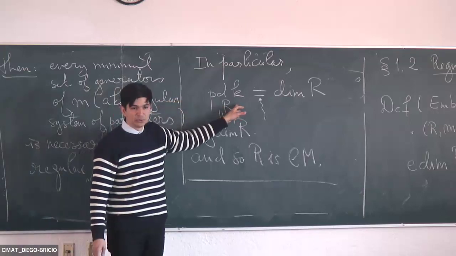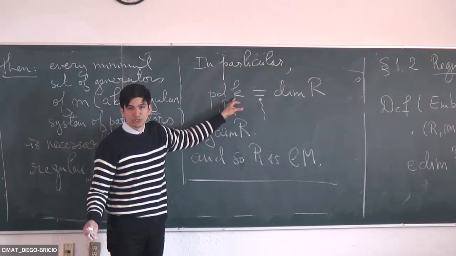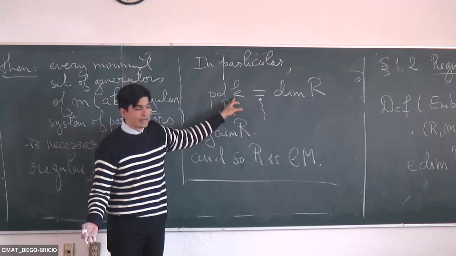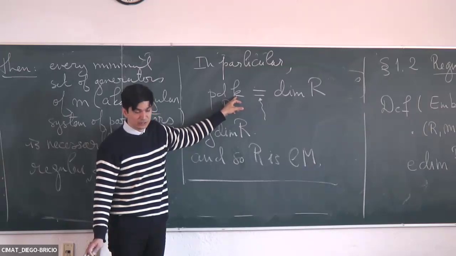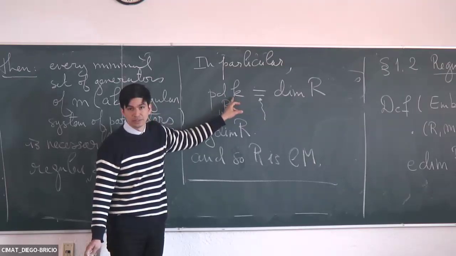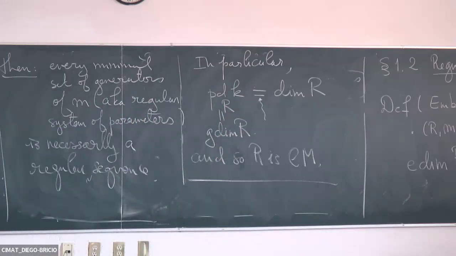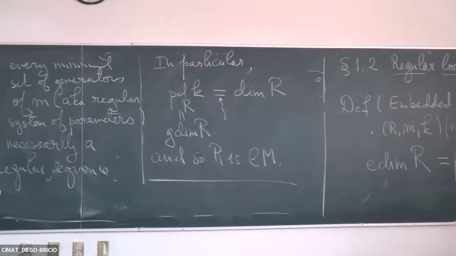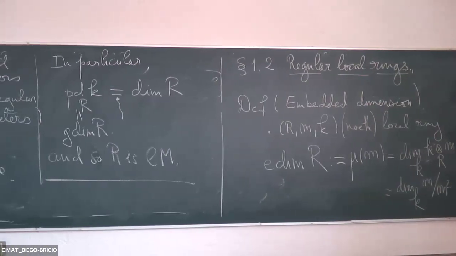But another classical proof is that if the maximal ideal is generated by a regular sequence, that means that the Koszul complex out of that regular sequence will be a free resolution for K of length n. That's another way to get this. Okay, any questions so far?